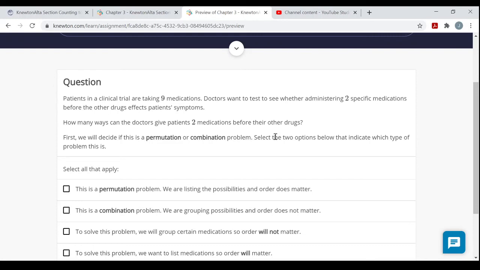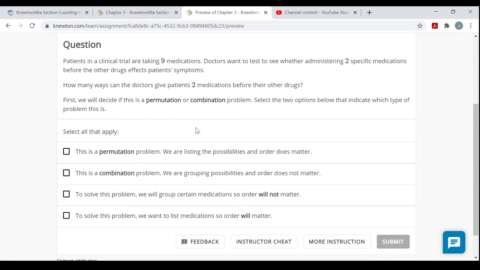Well, so it doesn't matter what order the medications come in. Maybe it would, you know, because of side effects or something. But if you're giving them 2 medications before the other drugs, 2 specific medications.